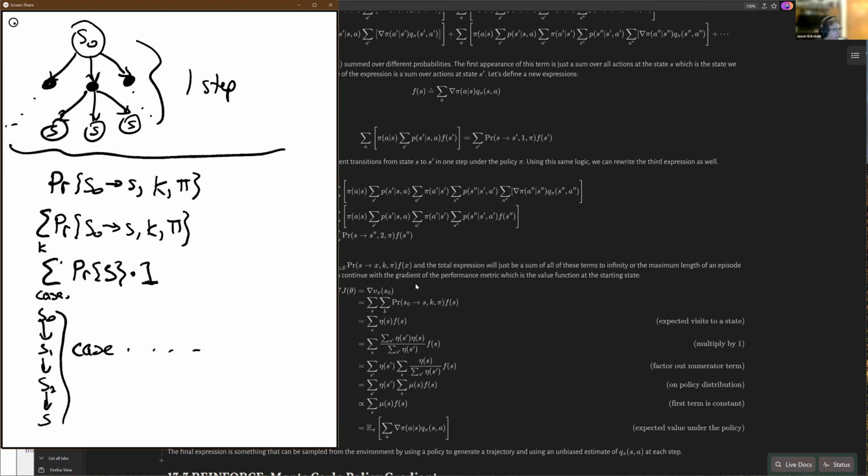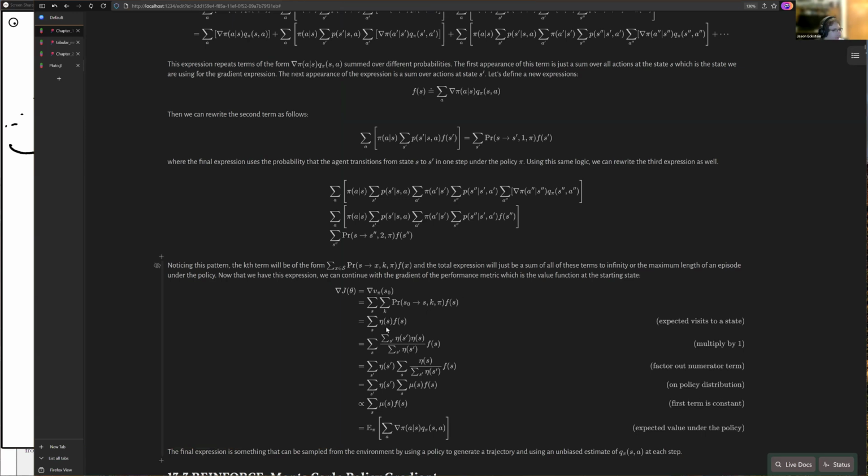That's why in this expression, this term N or eta S is just the expected visits to this state S.